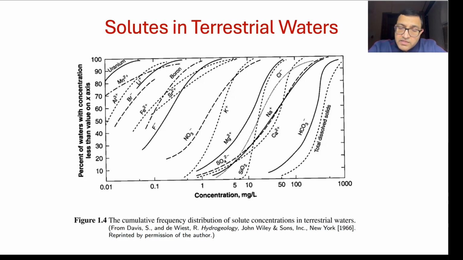The carbon dioxide in the atmosphere gets dissolved in water to form carbonic acid, which dissociates to form bicarbonate ion. We'll discuss more about this carbonate-bicarbonate cycle, but yeah, we can see how the solubility impacts the constituents in terrestrial waters.